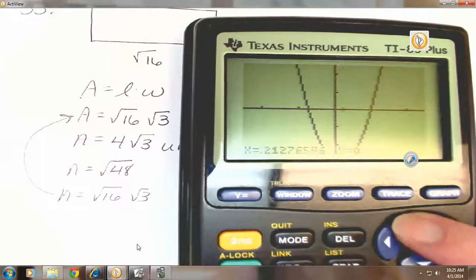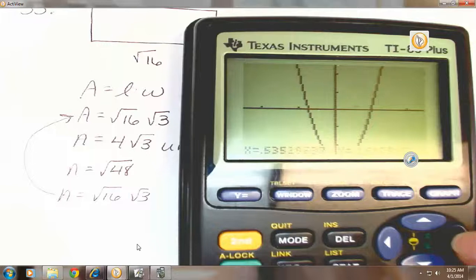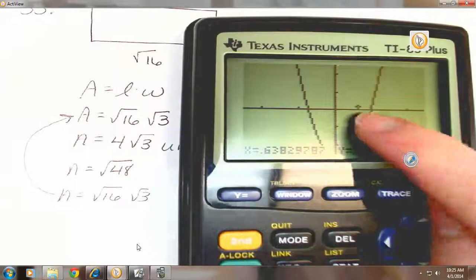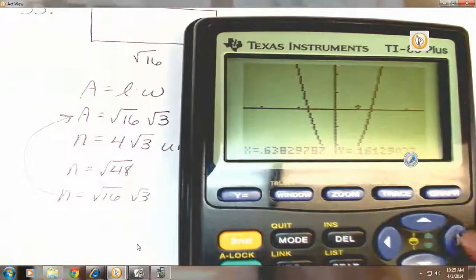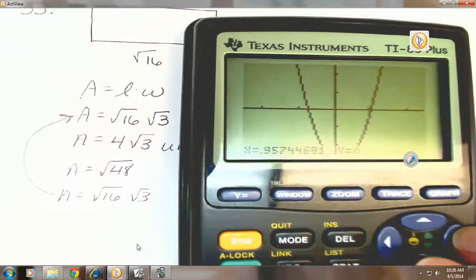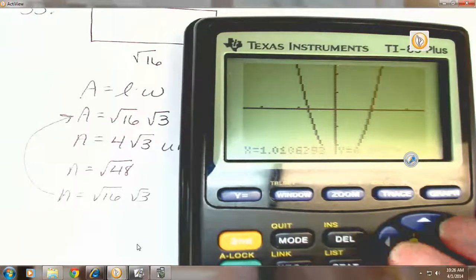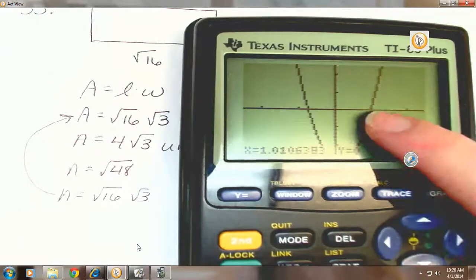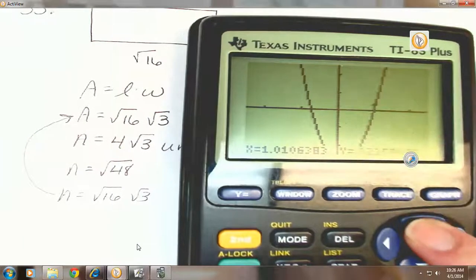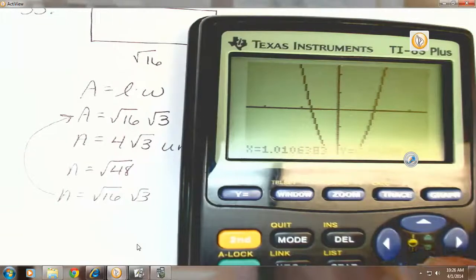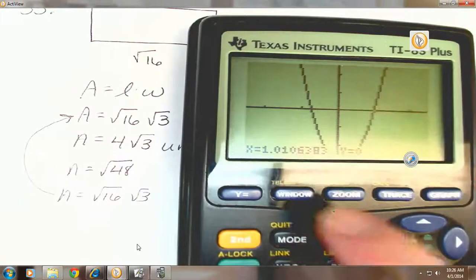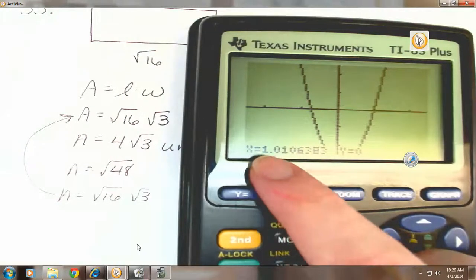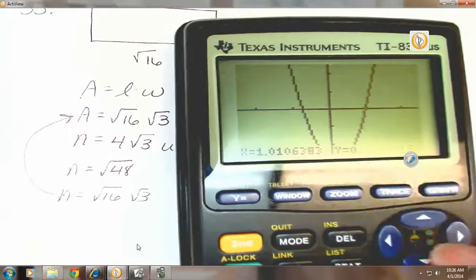If you have a little blinker, it's barely blinking. Do you see it? I'm using my arrow. I can move that over until I get right there, along that x-intercept, which would be at about 1. You can see the ordered pair at the bottom, 1 and 0.